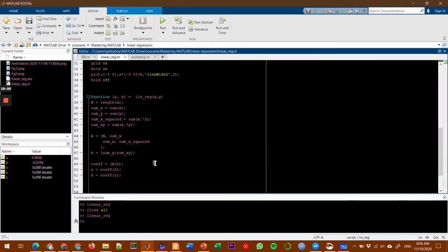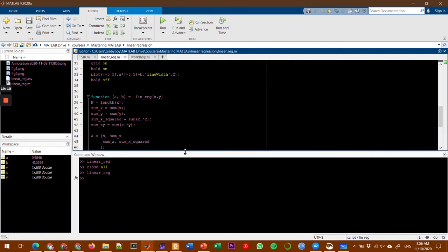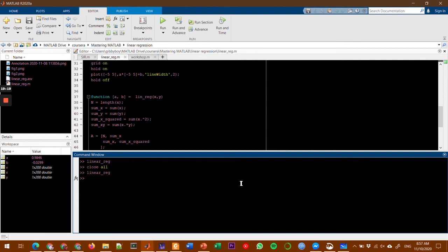So the code is somewhat long, right? At least you understand the basics, the foundation, of how it is obtained. Actually, in MATLAB, there is a built-in function for getting the fit. So you just have to make use of this command.